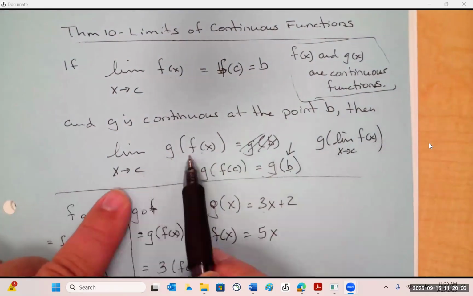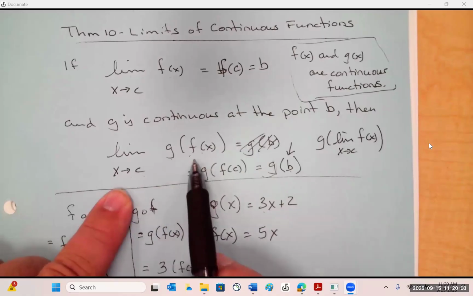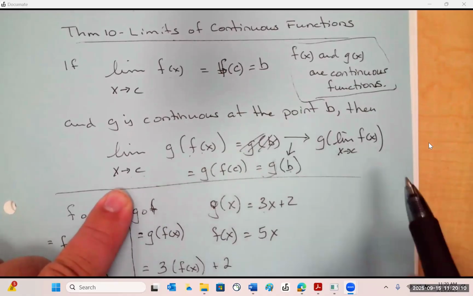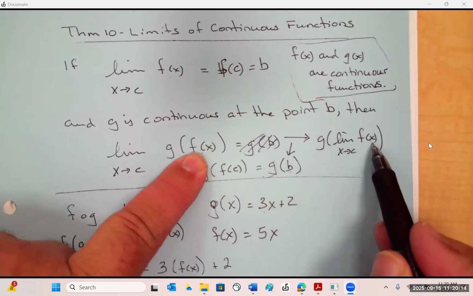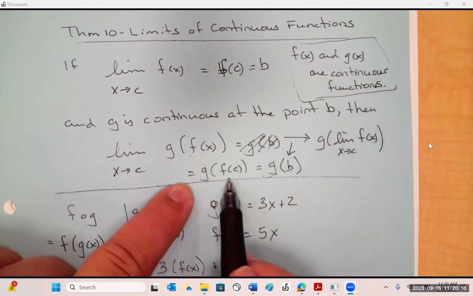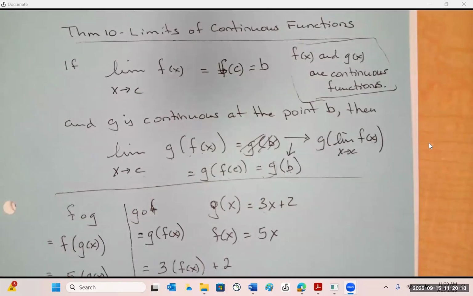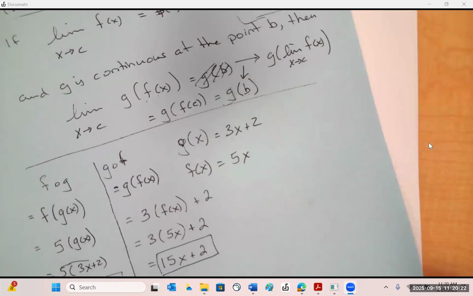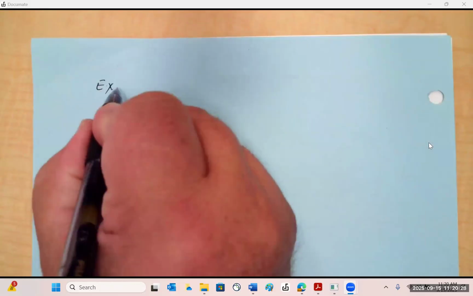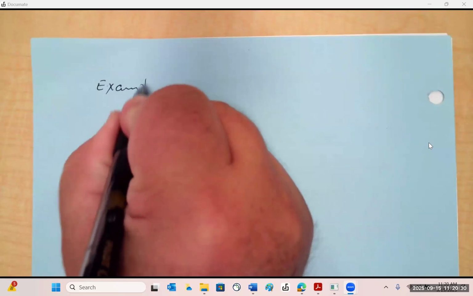So let's see how this works in an example problem. That's the whole thing: let's apply our theorems to our problems.